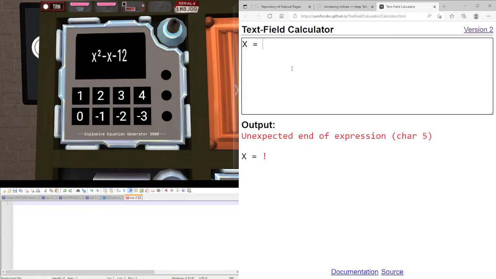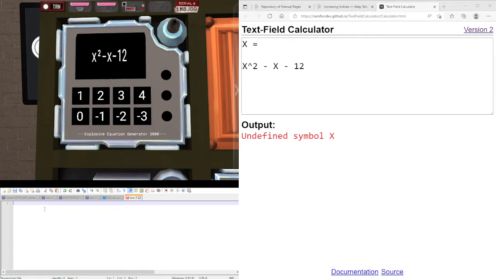So let's define x as a number. And this is our equation. So the equation is easy, to be honest. I could solve it generally. We just have to find two numbers that when added together give you -1, and multiplied give -12.